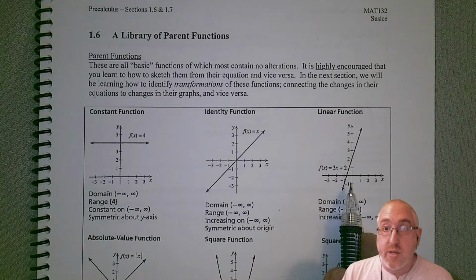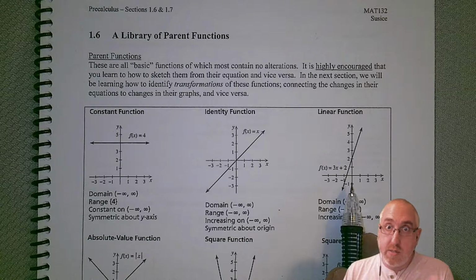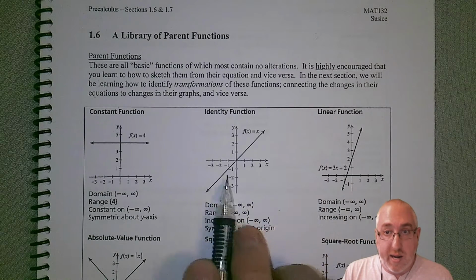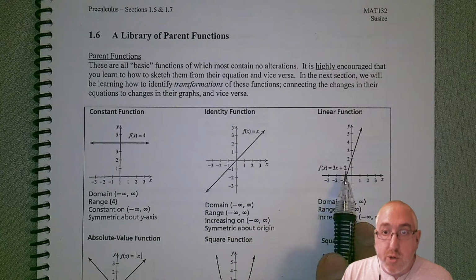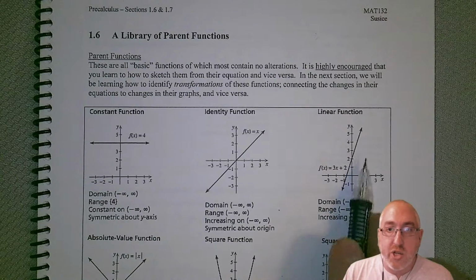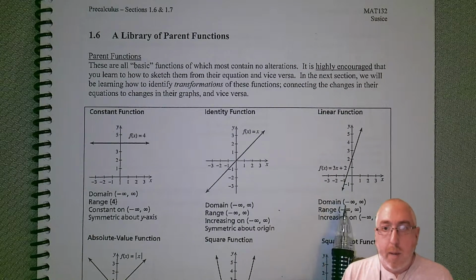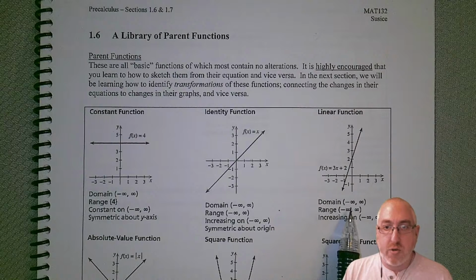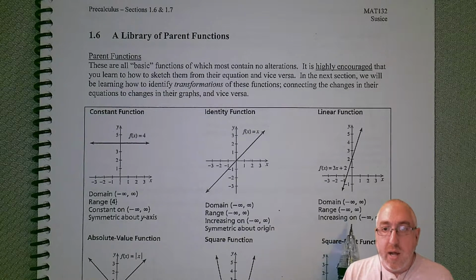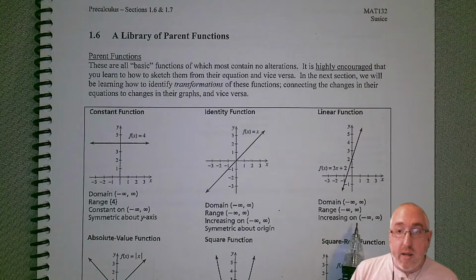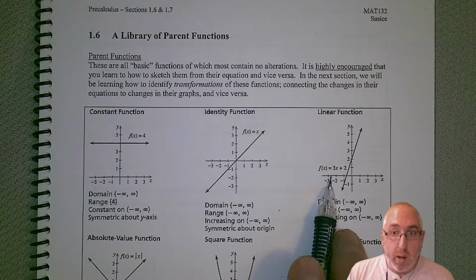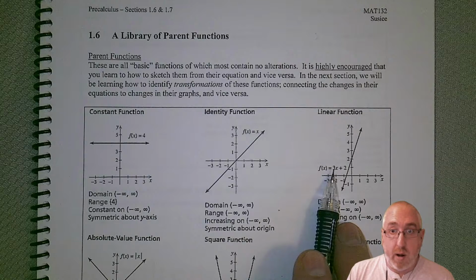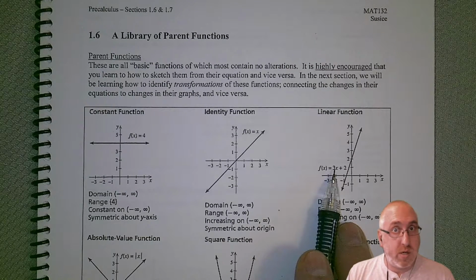Our linear function now starts to look at some transformations to our identity function. You can see that we've got 3x plus 2 in here, so it does change the look of our line, but we still have a lot of the same features. The domain and range is all real numbers. The increasing and decreasing aspect of it will change based on the number in front of our x, which we know is our slope.